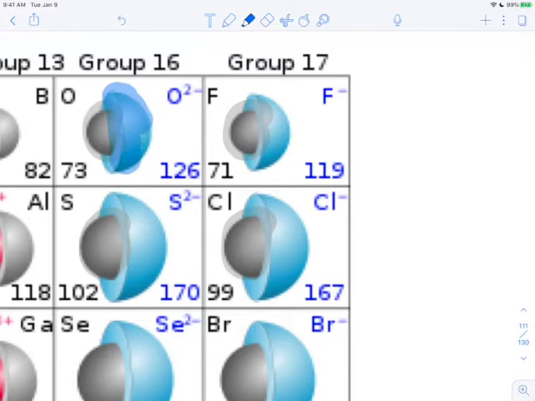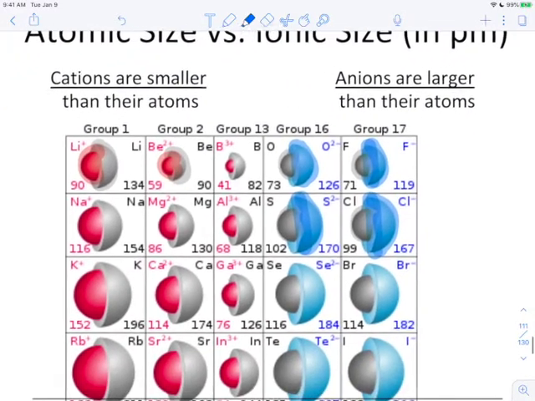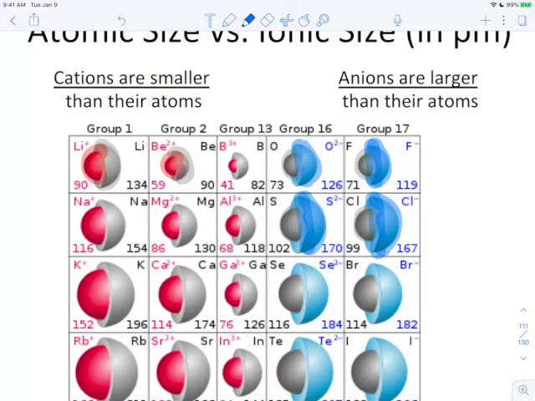So negative ions are always larger than the original atom was. So there's no exceptions to that. The anions which have gained electrons will always be larger. The cations which have lost electrons will always be smaller than their original atom. So any questions on anything here?